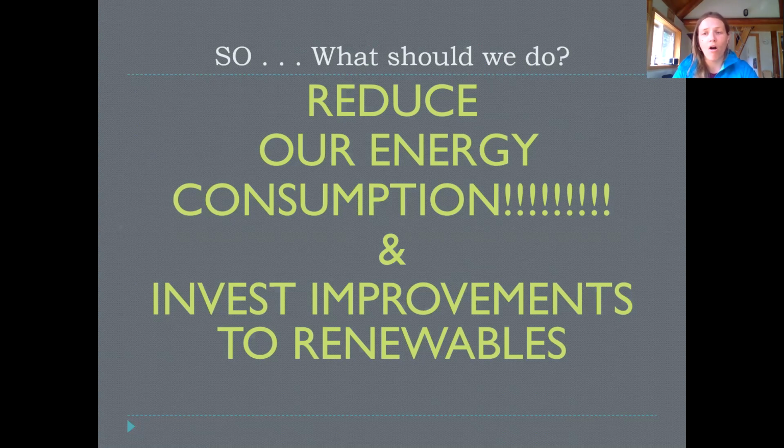And while they all do have some undesirable consequences and costs, these costs are much less in both the short and long term, both economically and socially, than the costs of continuing to use fossil fuels. So we'll talk about some of these alternatives in the next couple slideshows.